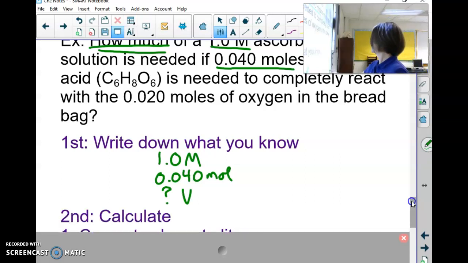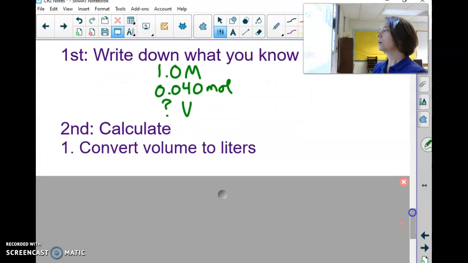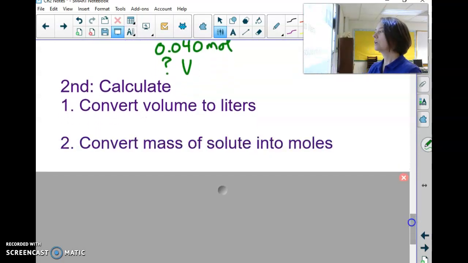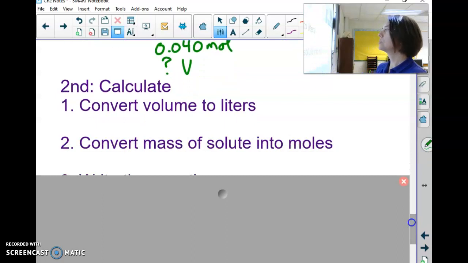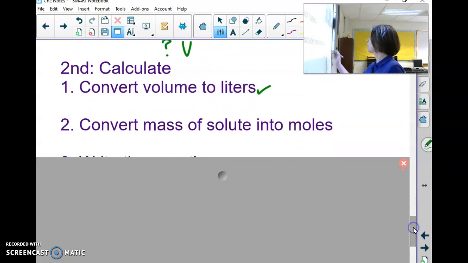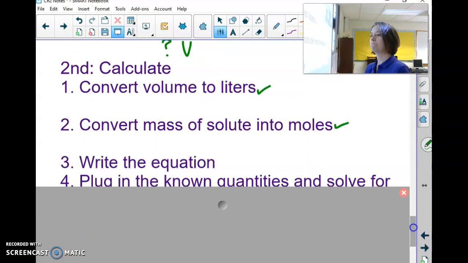So calculate. Convert volume to liters. Well, that's what we're solving for. So when we do the problem, it will already be in liters. Convert mass of the solute into moles. Well, it wasn't given in a mass, it was already given in moles, so that part's already done for us.